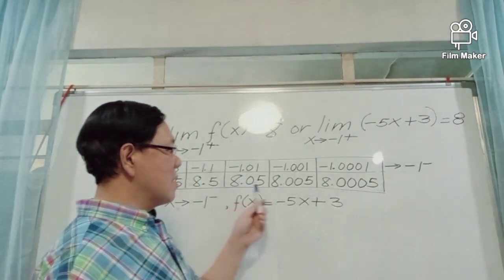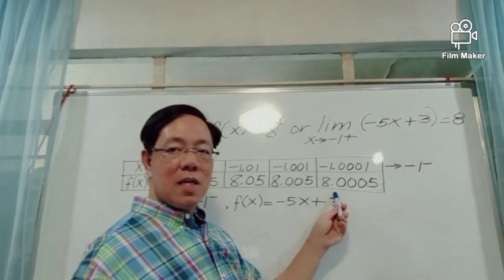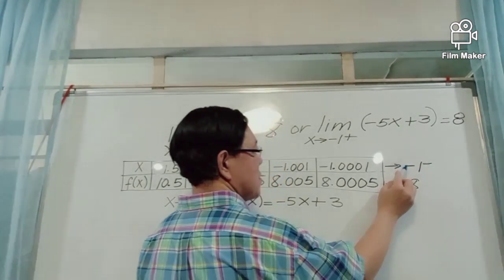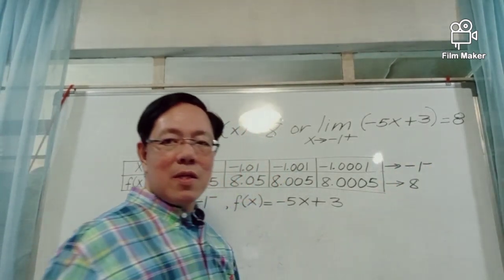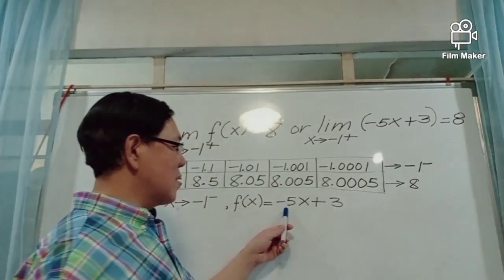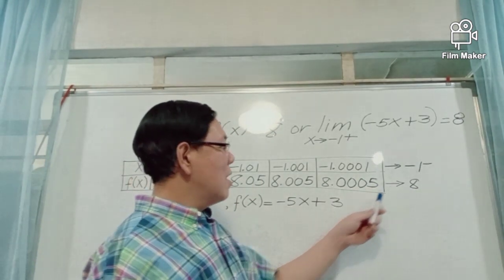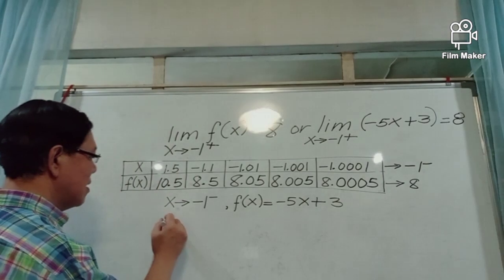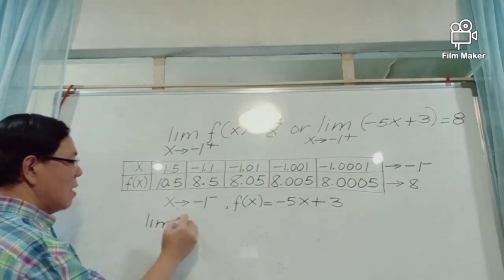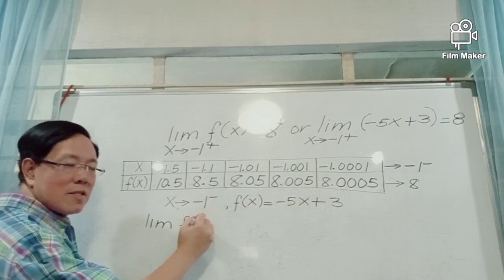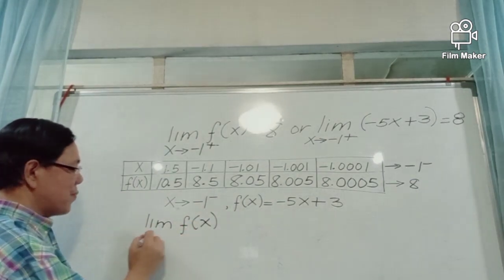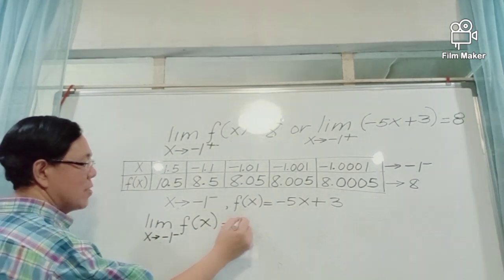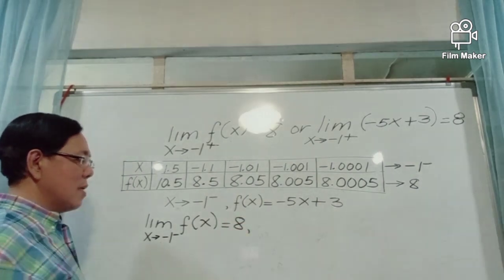And it is evident from this table that that number is positive 8. As x approaches negative 1 from the left, the value of the function f of x equals negative 5x plus 3 approaches positive 8. And in symbols, we write the limit of the function f of x as x approaches negative 1 from the left is equal to positive 8.